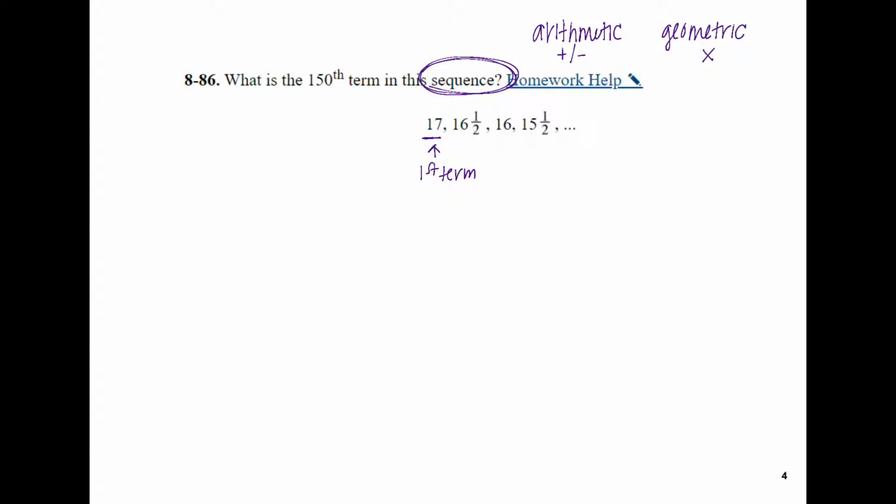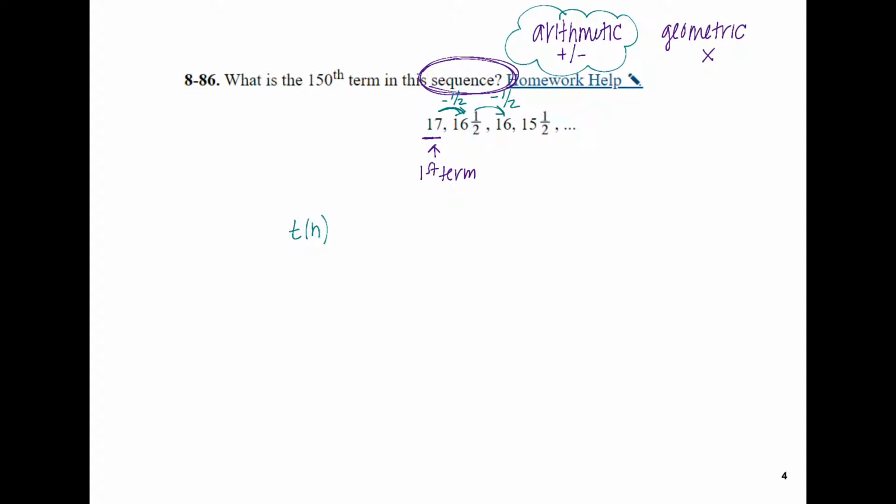So we want to look at the pattern of how our sequence is changing, and this sequence is subtracting 1/2 each time, which tells us it's arithmetic. So our sequence, T of n, is going to look very similar to a linear equation.